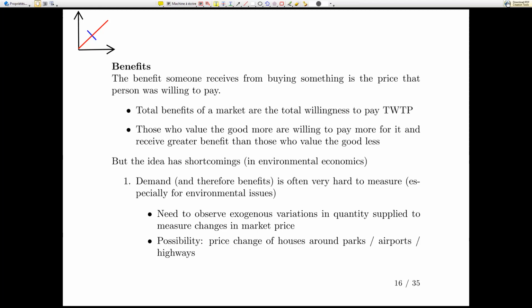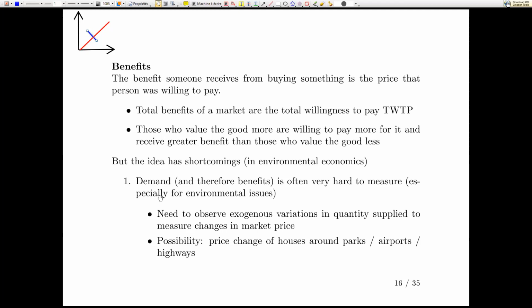Is that because fishermen want to fish less because there's bad weather? Or is it also because people don't want to go to the market and buy stuff when there's bad weather, for instance? So we can never know if there's a shift of the supply curve or a shift of the demand curve, or probably both. That's all the difficulty of empirically estimating a demand curve.